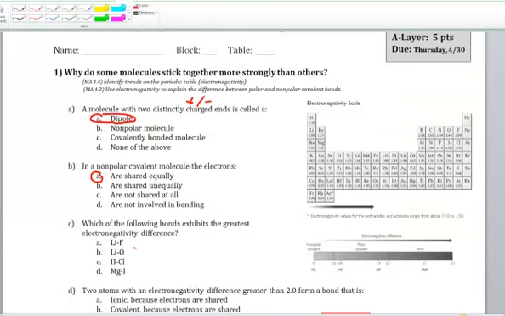Okay. Which of the following bonds exhibits the greatest electronegativity difference? Difference means subtraction. The way we do this is we take the numbers in the table, for example, lithium and fluorine, and we subtract them. Fluorine is 3.98.